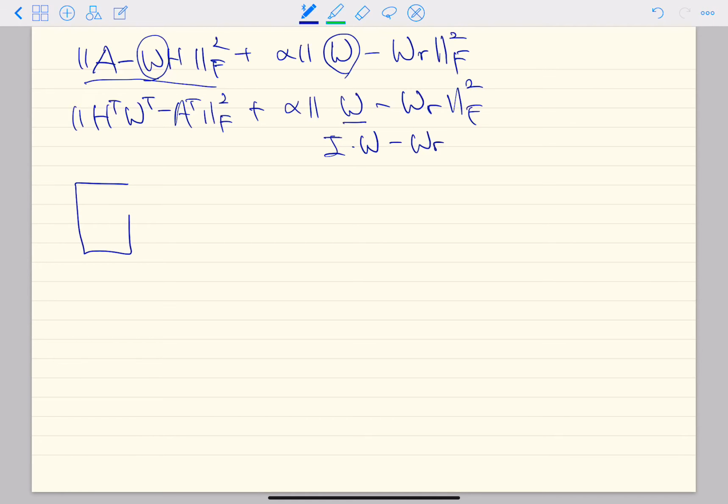So we have H transpose and W transpose minus A transpose.